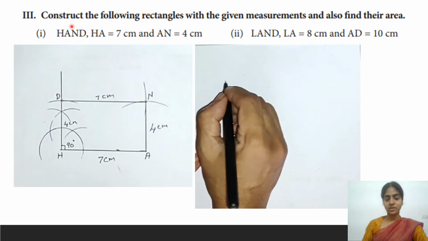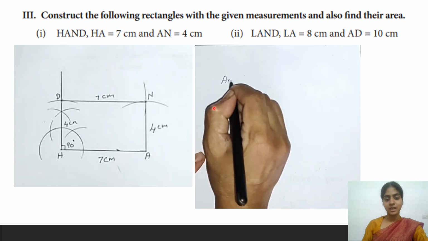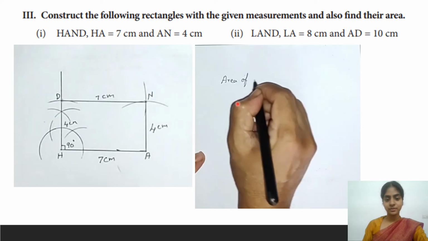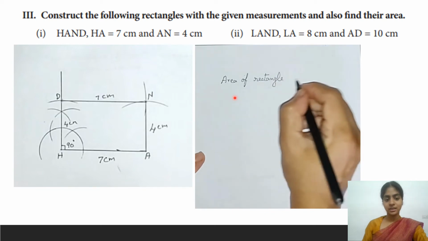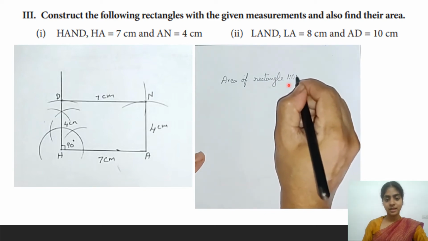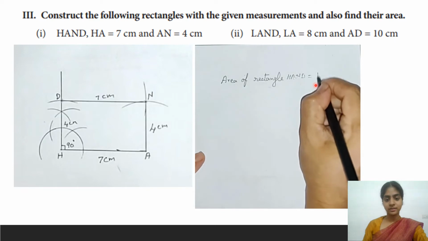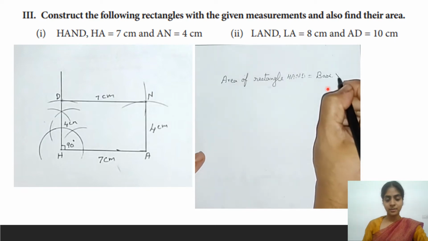Here the question is not only about constructing the rectangle but also about finding the area. So what will the area of this rectangle be? The area of HAND, which is a rectangle, will be base into height.